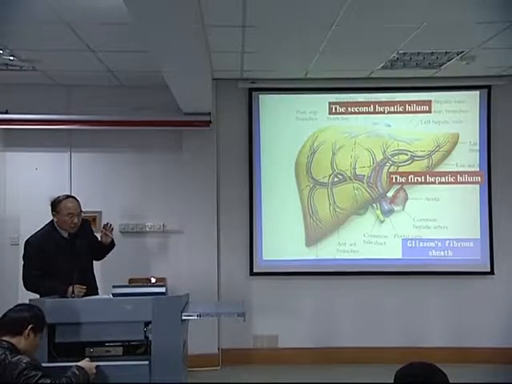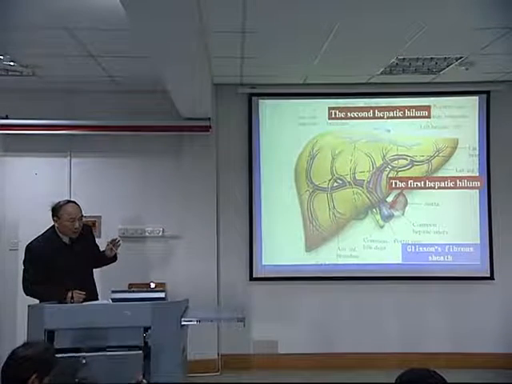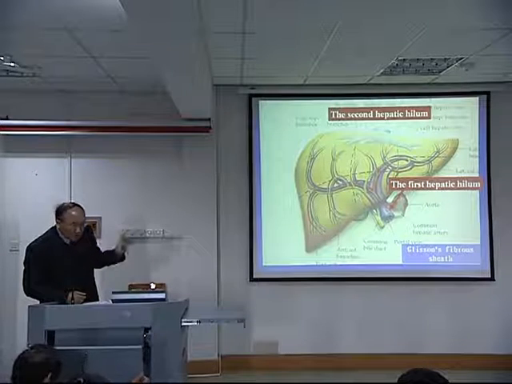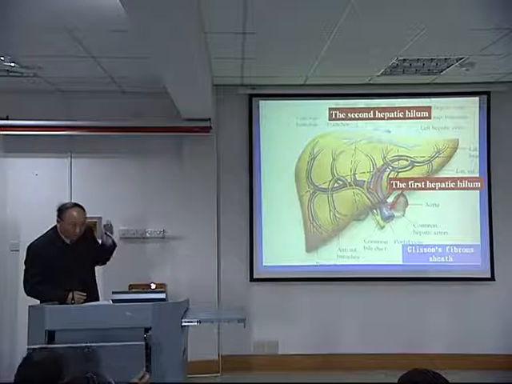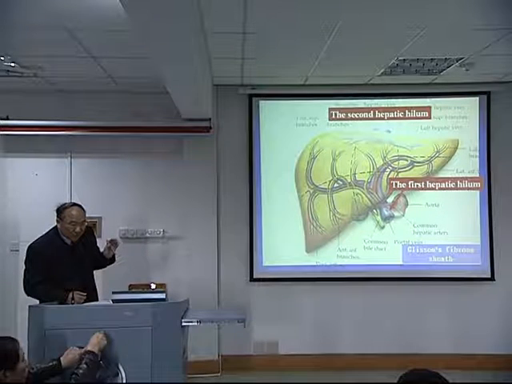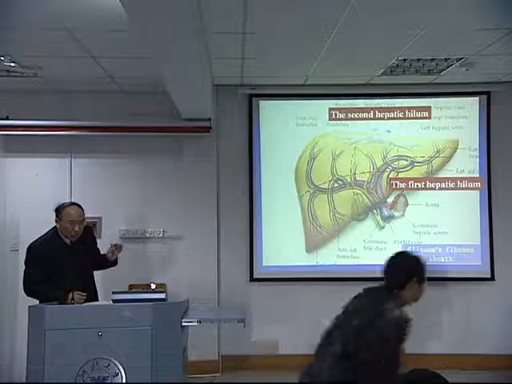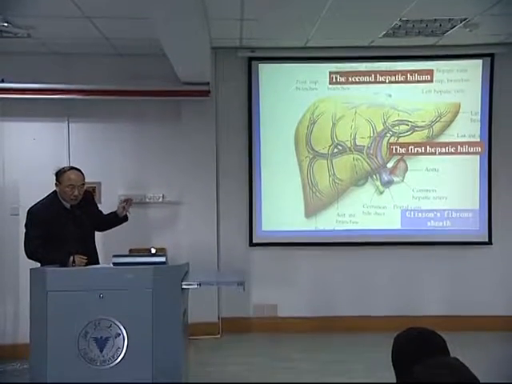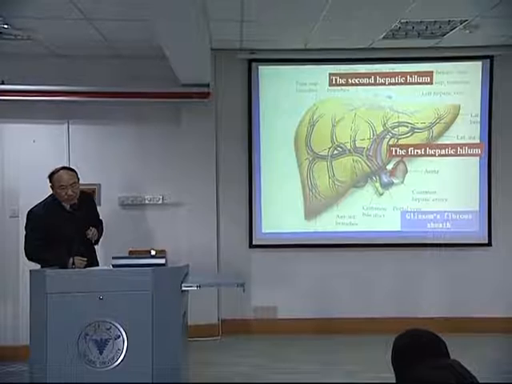We must understand the first, second, and third hepatic hilum in detail. Very important. If we do a liver resection, we usually work by the anatomy of the first, second, or third hepatic hilum.